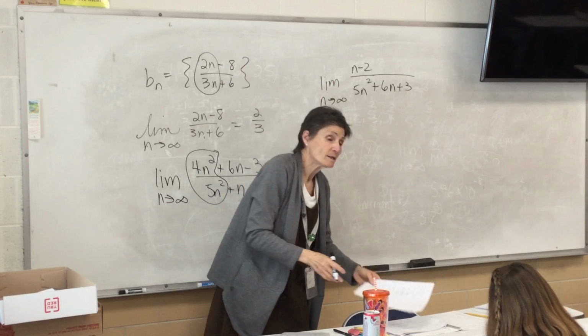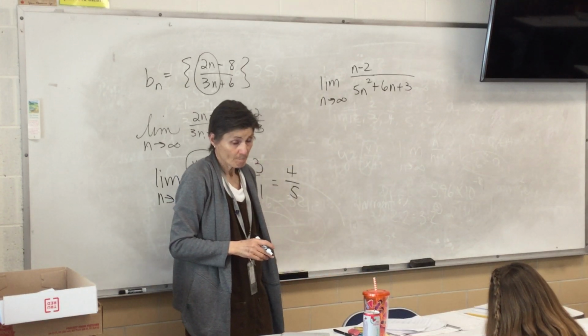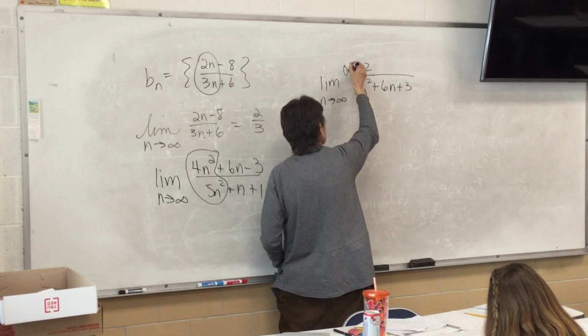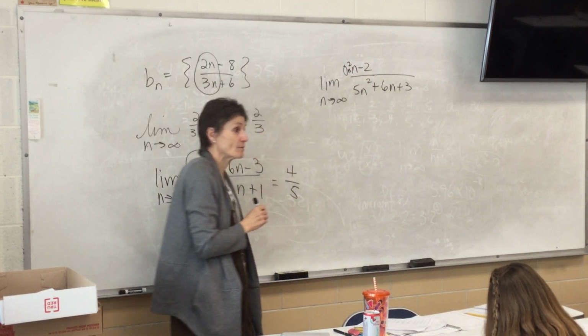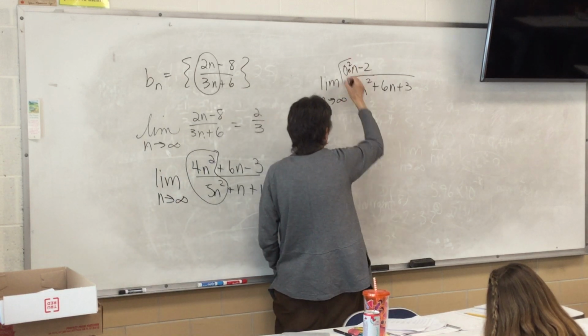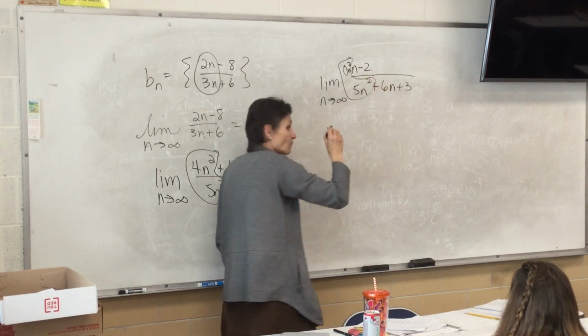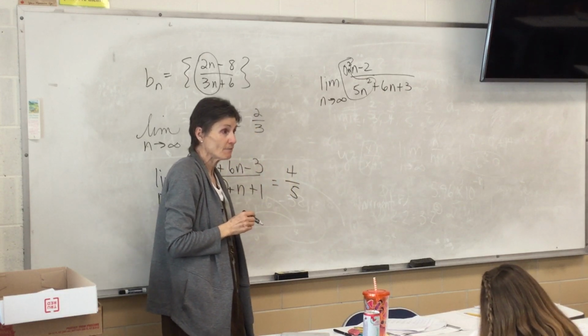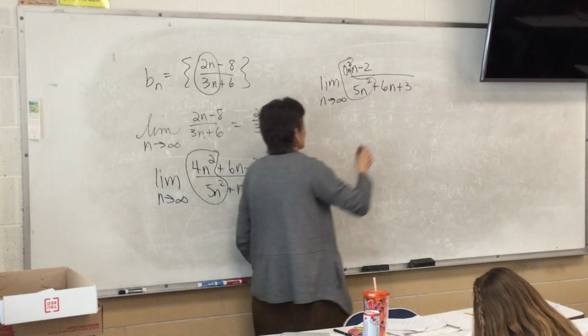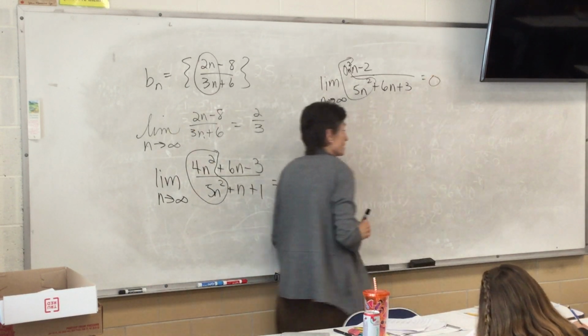So the big one's on the bottom, which means that on top, I have a 0 n squared, I have no n squareds on the top. So when I box them in, I have 0 over 5, which is 0. So the limit of this is 0.